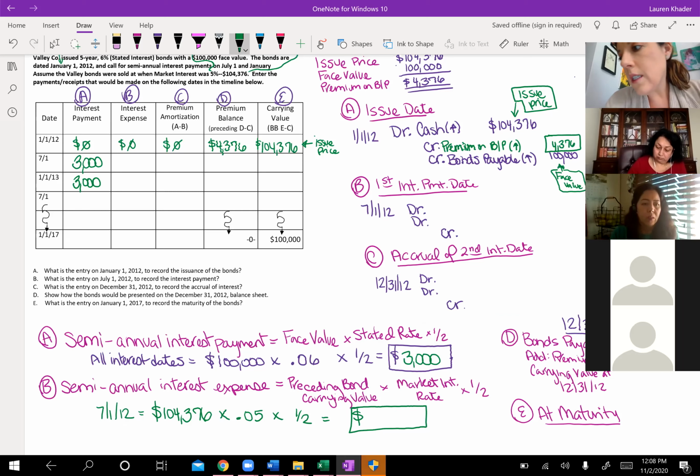So interest expensed on this date is going to be equal to 2,609. Yep, 2,609, correct.